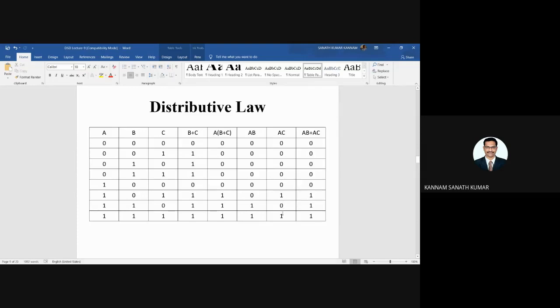If any of the inputs is 1, as in the OR gate, you are getting the output as 1. So if you observe A into (B plus C) and AB plus AC, both are the same. So we can say that it's distributive. A into (B plus C) equal to what? AB plus AC.